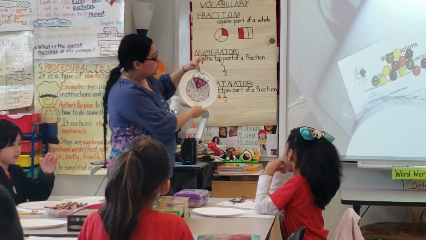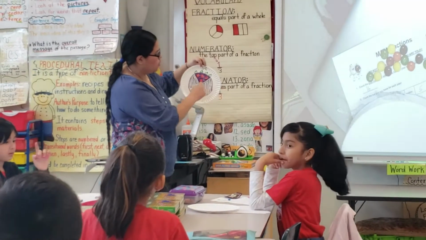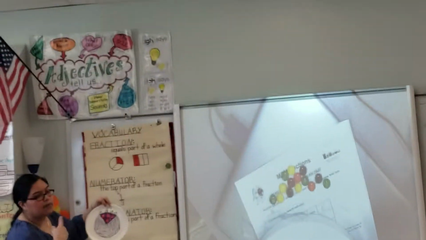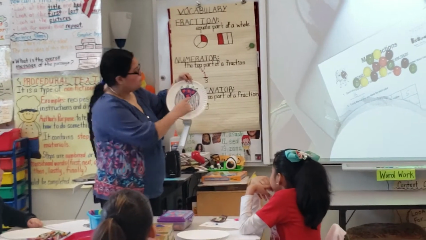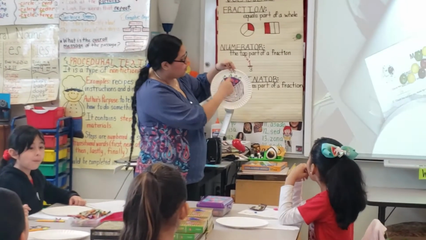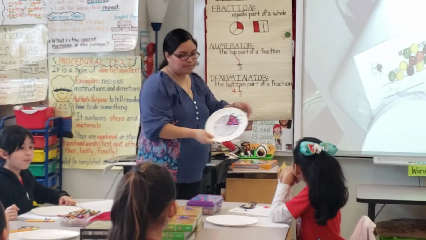Just like with my fraction, I had 3/4, so I cut my cake into 4 sections. So you're going to cut whatever you draw into 4 sections and then shade in the number you have on the top, the numerator.